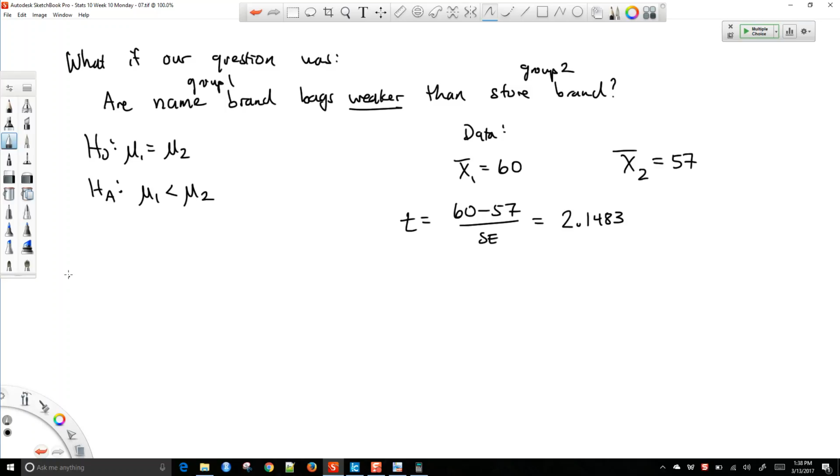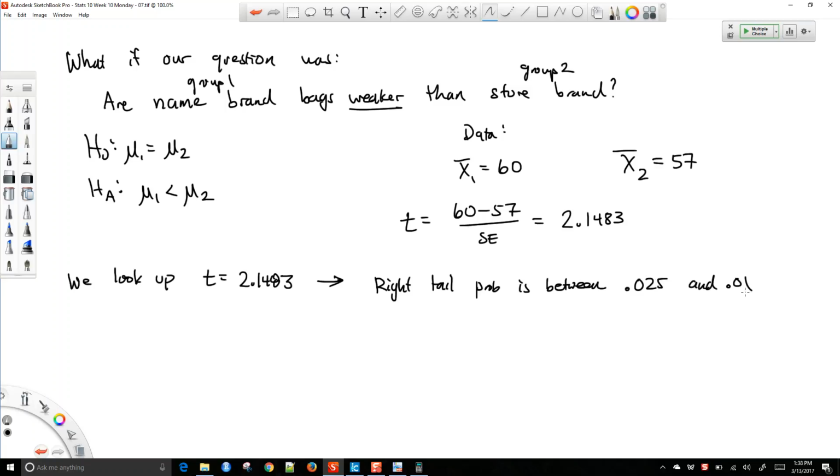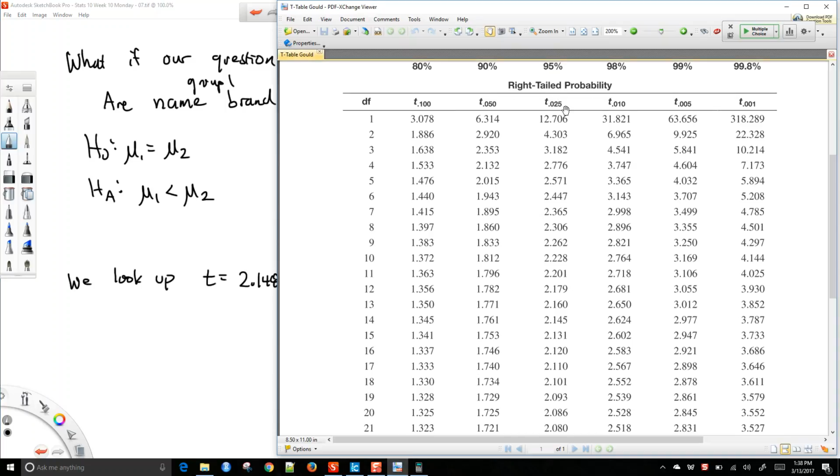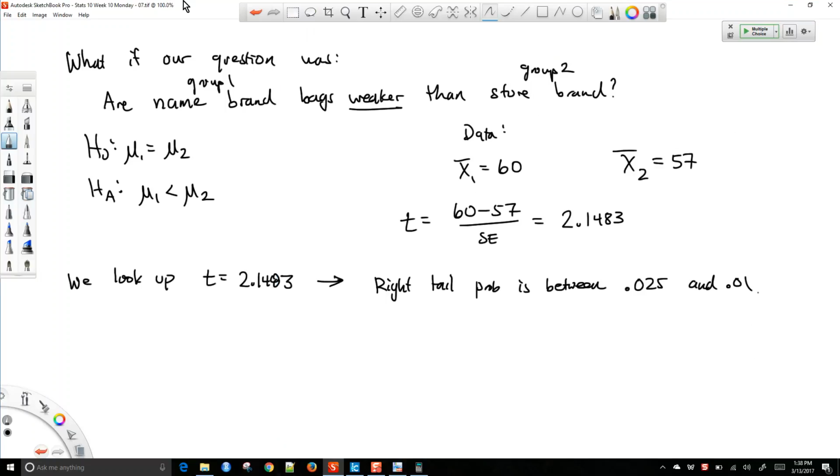We look up t equal to positive 2.1483, and what that tells me is that my right tail probability is between 0.025 and 0.01, okay? This is the same as before, right? When I look up t equal to 2.1483, we get that the right tail is between 0.025 and 0.01.